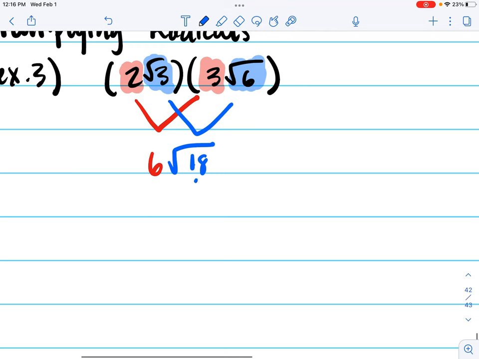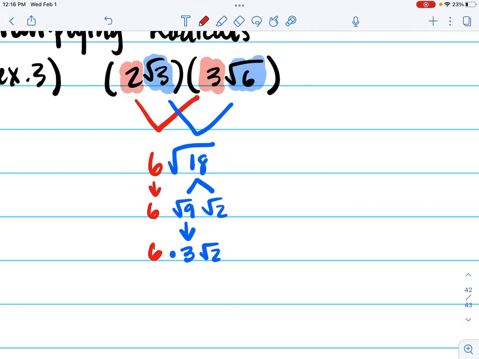So what you do here is you simplify this, you break this up, root 9, root 2. The 6 drops down. We know that the root 9 becomes 3, root 2 still drops down, and the 6 also drops down, but we also have to make sure we are multiplying here.